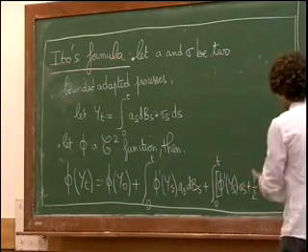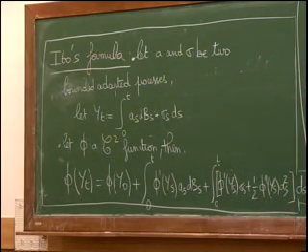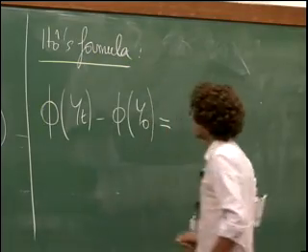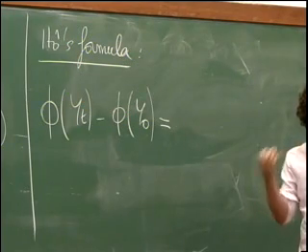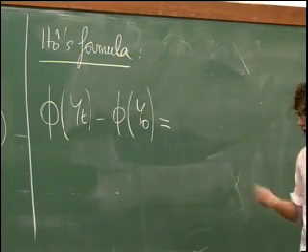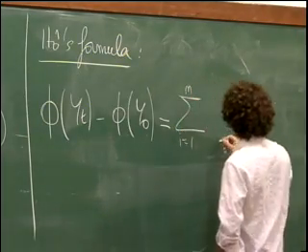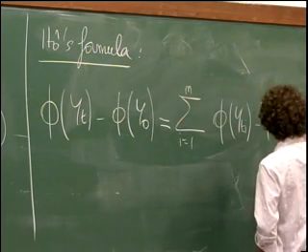And then you get this formula, which so far is not very entertaining, but which will become a little bit clearer later. So phi of y_t minus phi of y_0, I will mimic what I do for usual functions. I'm going to write the sum over i from 1 to n of phi of y_{t_i} minus phi of y_{t_{i-1}}.